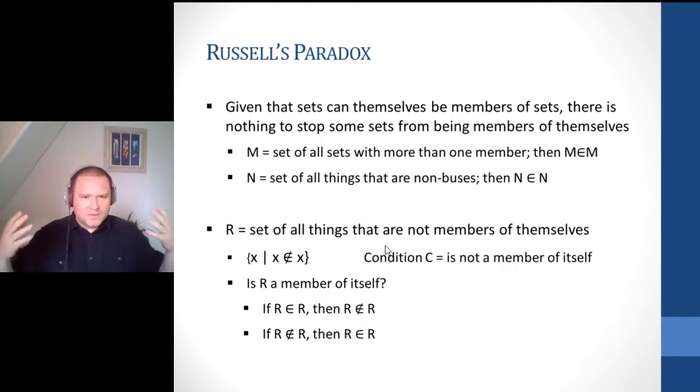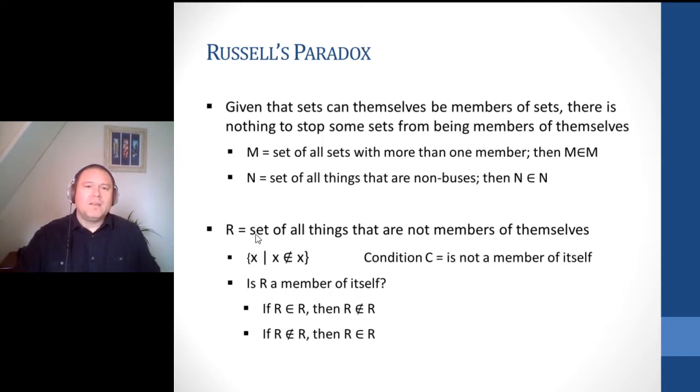And note, given the axiom of comprehension, we know that this condition should define a set. There should be this set R, because we've specified a condition, and the axiom of comprehension says for any condition you pick out, there's guaranteed to be a set of those things.